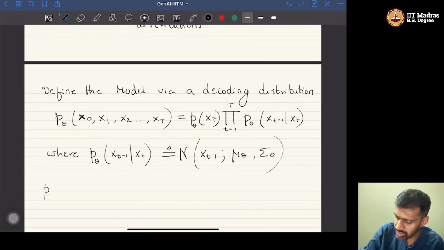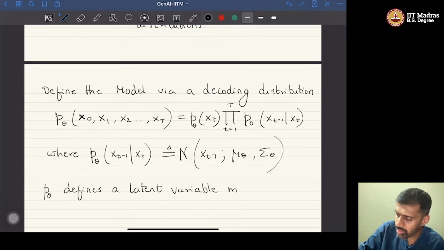So p theta defines a latent variable model with multiple latent spaces.